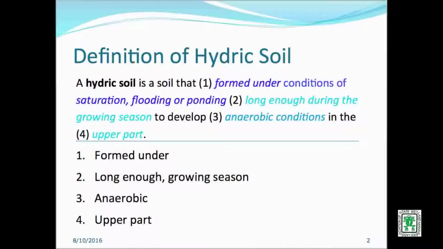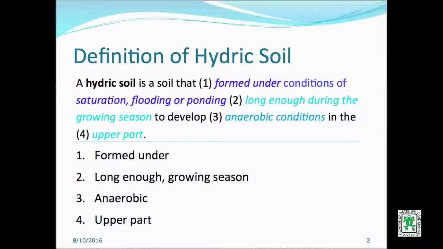So when we say that a soil formed under the conditions of saturation, flooding, or ponding, that means that they may no longer be under those conditions. As long as they formed under those conditions, areas that have been artificially drained can still be considered hydric soil, provided that they meet all of the rest of the criteria involved.